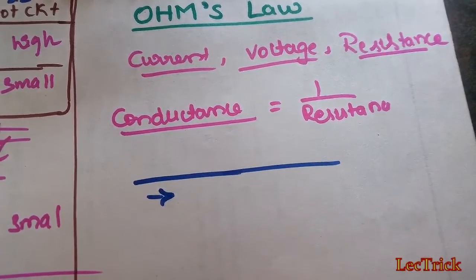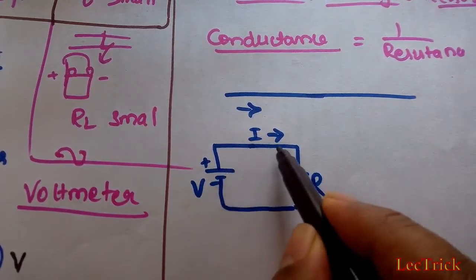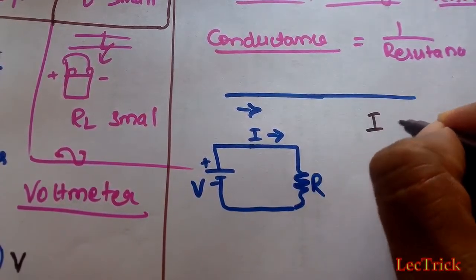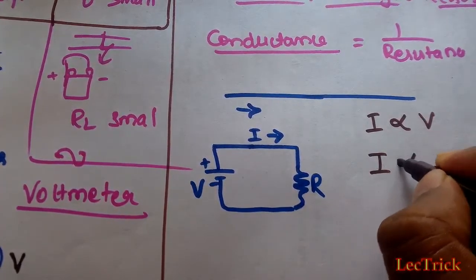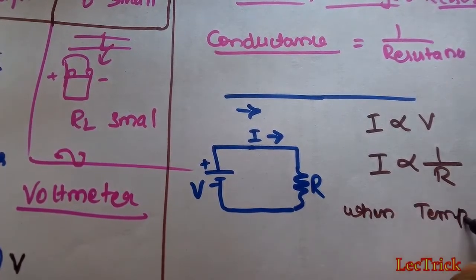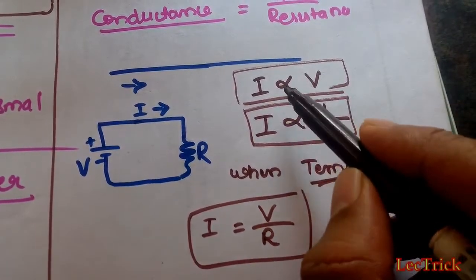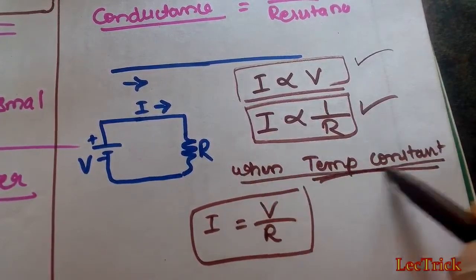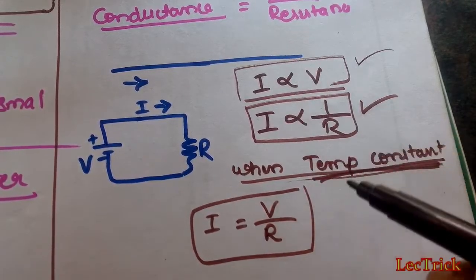Ohm's law states that in a closed circuit, the current flowing through a conductor is directly proportional to the voltage, and inversely proportional to its resistance, when temperature is kept constant. Constant temperature is also very important, it holds good only then.